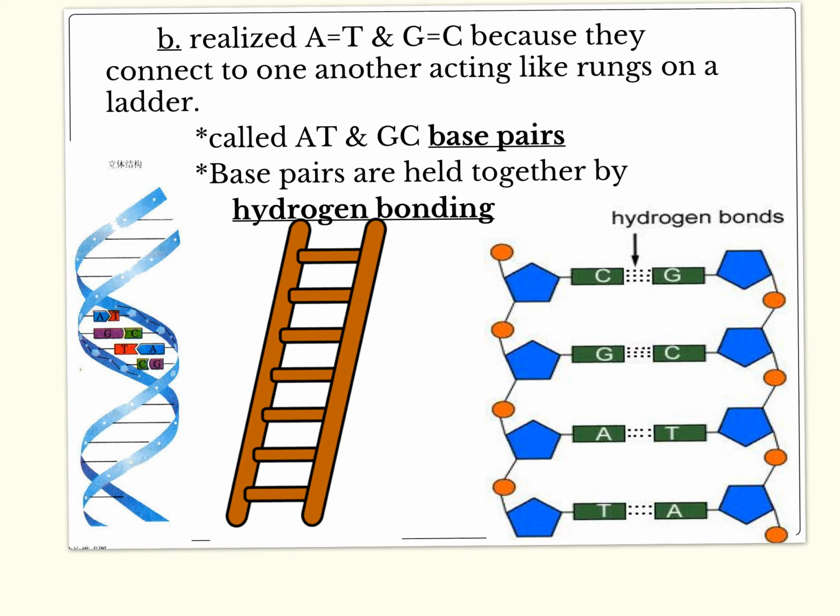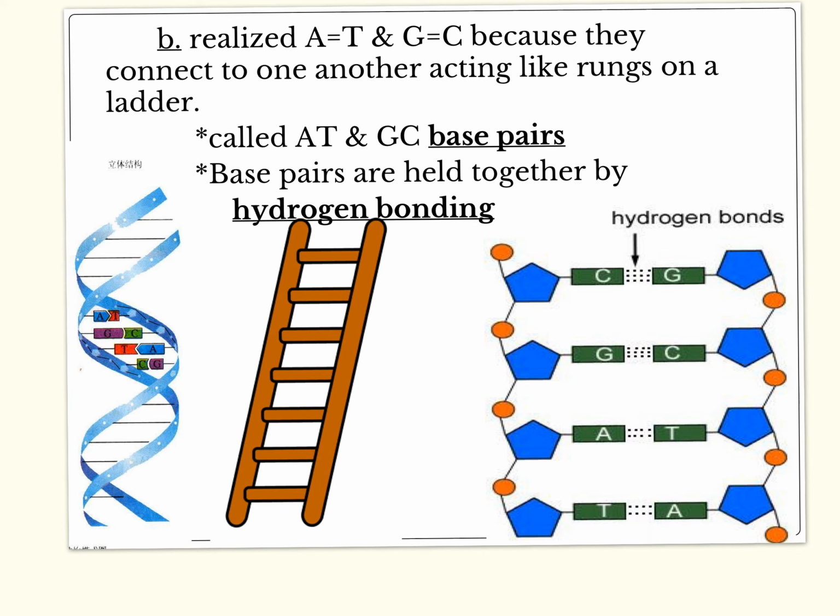Something important that you must know is that the bases are held together by a special type of bond called hydrogen bonding. You might remember this from the water unit. It's the same type of hydrogen bonding. It happens inside the nitrogenous base itself. Remember, the nitrogen base doesn't actually look like a shoebox type rectangle. It's actually atoms that are inside there.